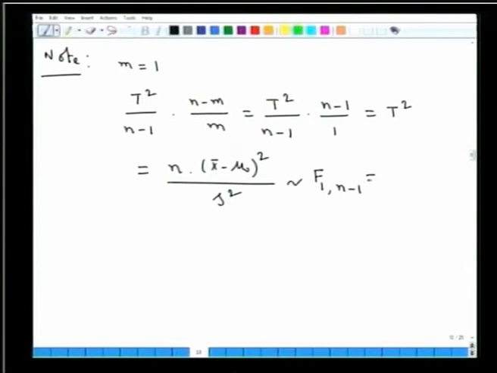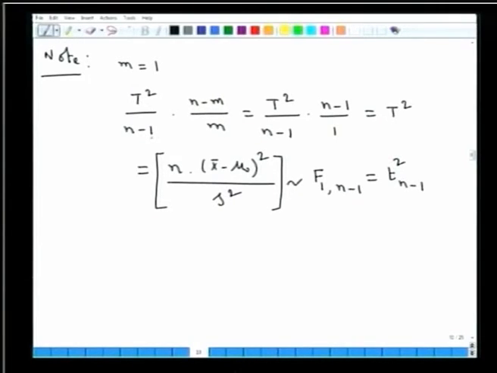And this is a student's t distribution squared on n minus 1 degrees of freedom, because an F distribution on 1 and n degrees of freedom is equivalent to a t square on the same degrees of freedom.